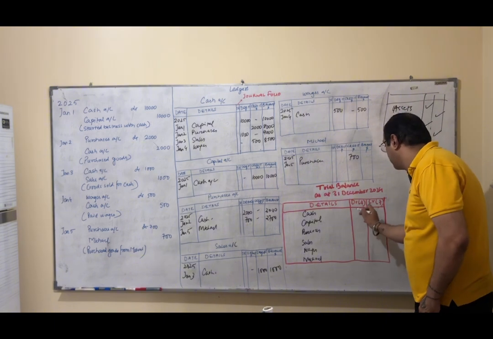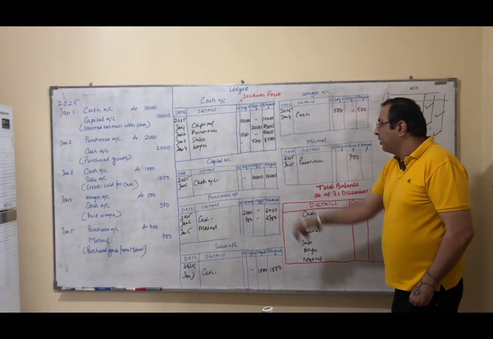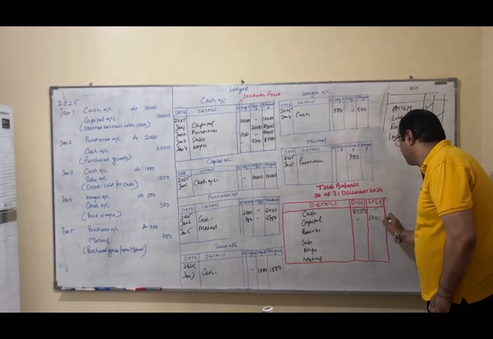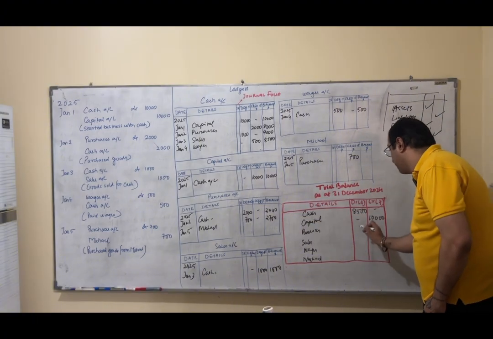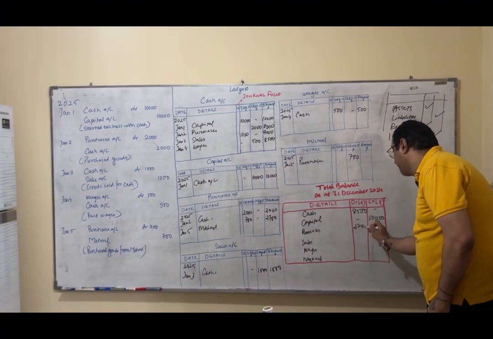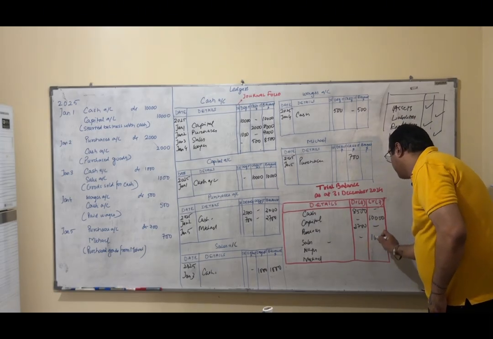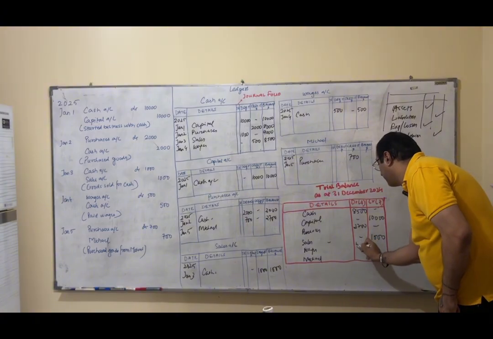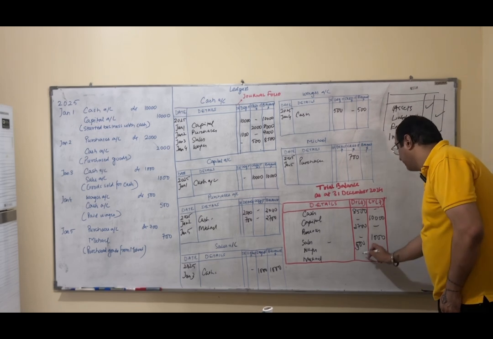It's positive balance, debit side. If it's negative balance, credit side. Capital is liability. Liability always in credit side, right? Then purchase is expense. Expense always in debit side, right? Sales income. Income always in credit side. Wage is expense. Expense always in debit side. Michael trade payable. Liability. Liability always in credit side.